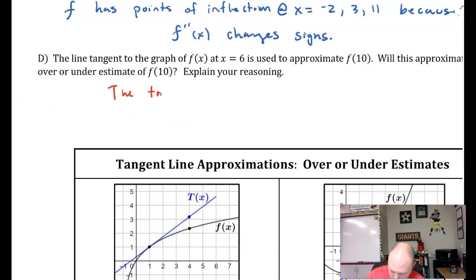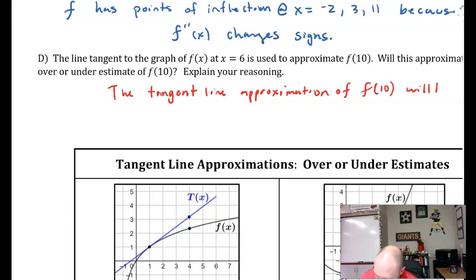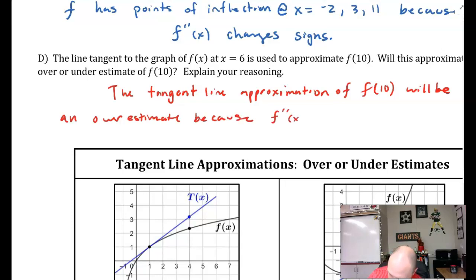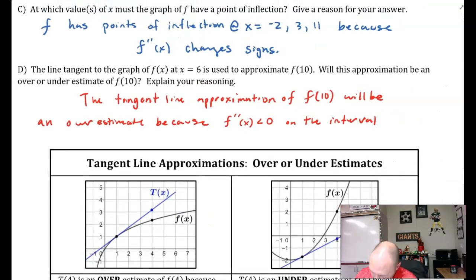The tangent line approximation of f of 10 will be an overestimate because f double prime of x is less than 0 on the interval, and it was 3 to 10.